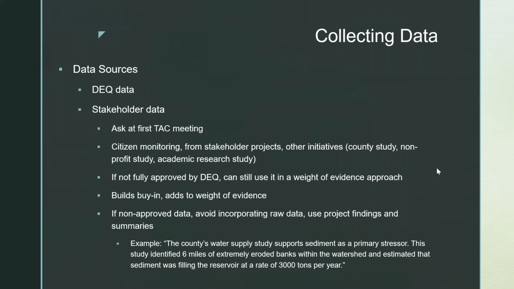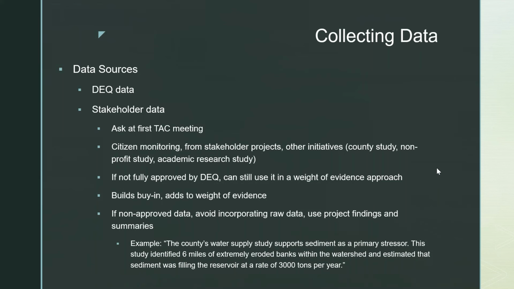I'm not going to go back and look at all of the raw data from their study, but I can look at the conclusions and say, you know what? Well, their conclusions were 3,000 tons of sediment per year are coming into the reservoir, which means there are very active sources of sediment within this watershed. And you know what? That supports the conclusions that we've already found from DEQ's data, right?